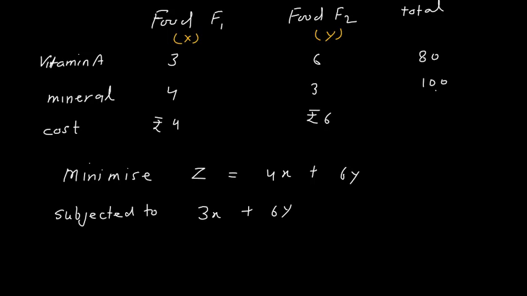So subjected to 3x plus 6y, this should be greater than or equal to 80. Minimum is 80 required. So our total vitamin should be greater than this value. And 4x plus 3y, this should be greater than or equal to 100. And x and y should be greater than or equal to 0. So this is our mathematical formulation.